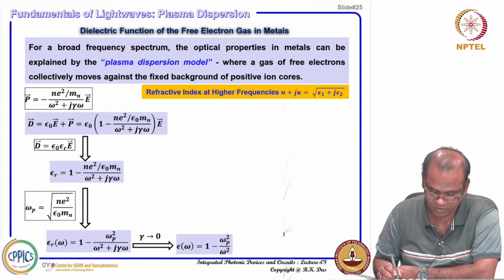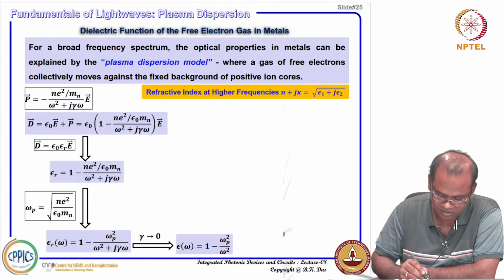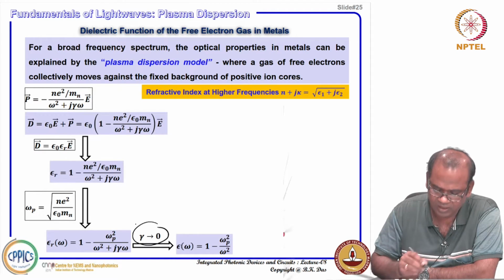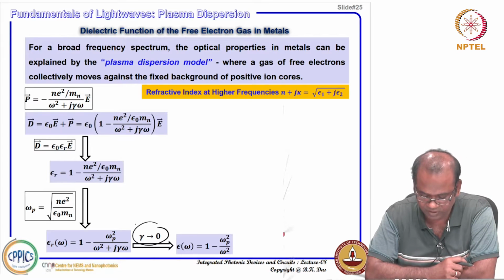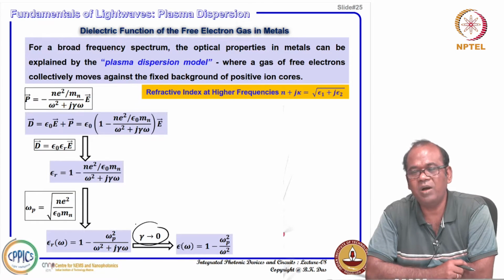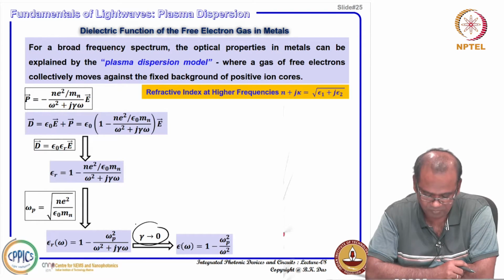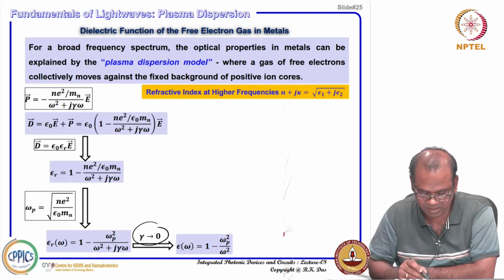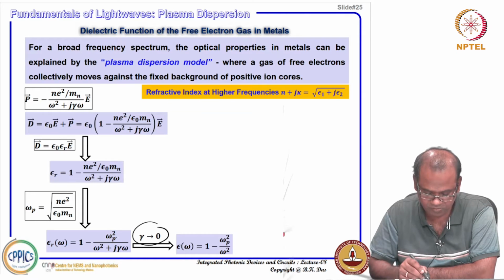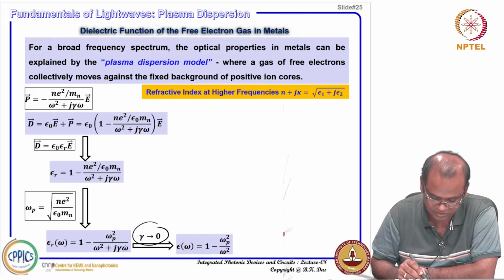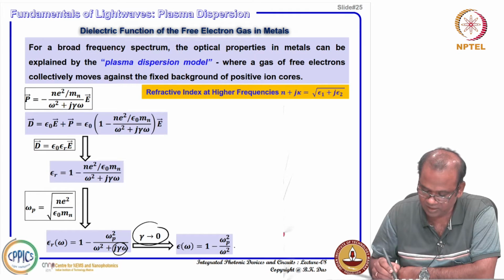I have written this a little bit differently. Assume that for higher frequencies this gamma, that means this damping coefficient, is small compared to your frequencies. Then if you put gamma equal to 0, omega square will be very large, so in that sense I can ignore this part.